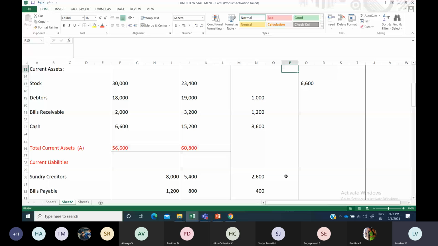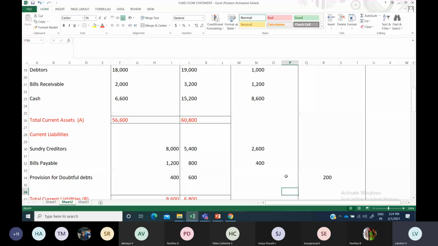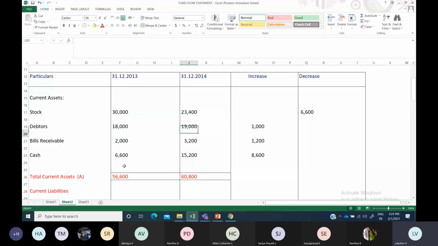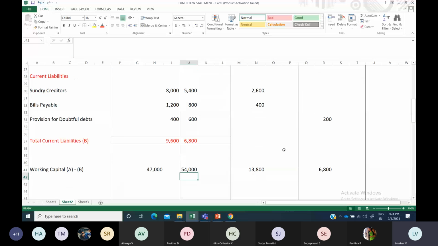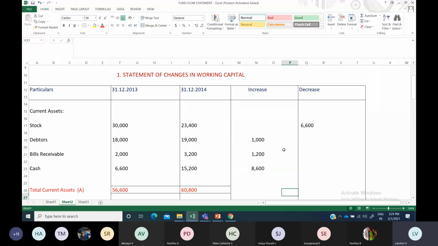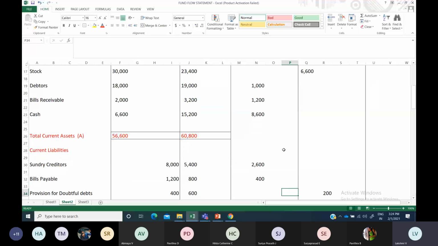Here nothing you don't want to mention, subtract nothing you should do. Only for these two columns you have to total and then find out current assets minus current liability. All those things are for these two only, not for the increase column and decrease column. Okay, so that has to be dealt with separately.